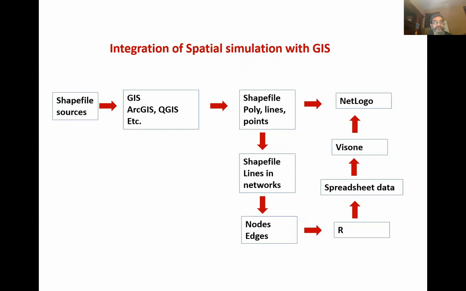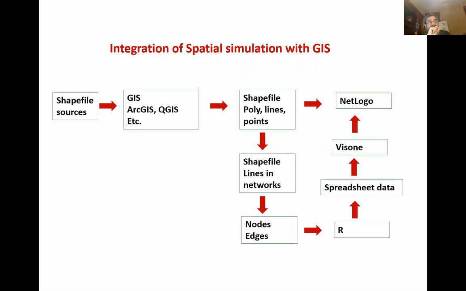After you generate the nodes and edges of the road network, you bring them into R, and in R, you can process them into the form of spreadsheets, and then bring the spreadsheet of nodes and the spreadsheet of lines or edges into software called Visone, save into a new format, and bring the product from Visone directly into NetLogo in the form of a network file for use in simulation.